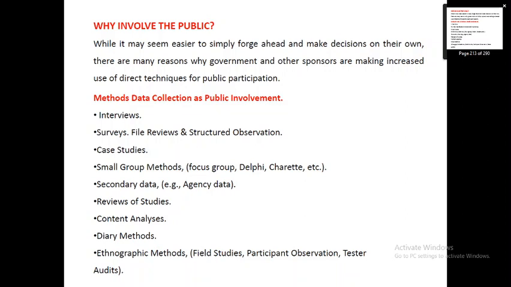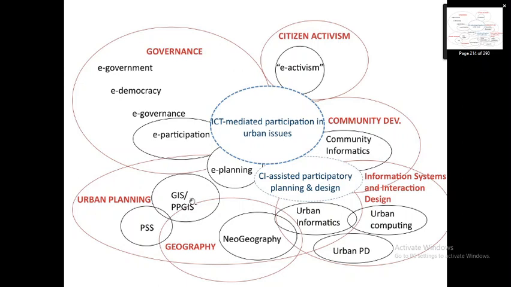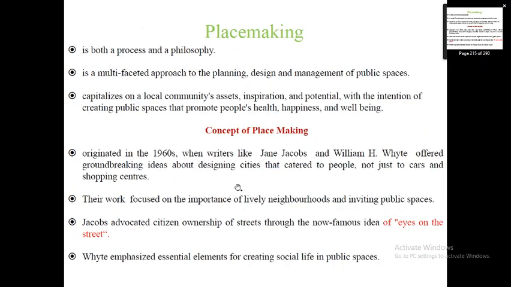So this can be achieved by interviews, surveys, small groups, focus groups, and by having meetings and reviews of studies, content analysis, and field surveys, participant observation, etc. So governance has taken a model of e-governance now, e-democracy and e-participation and citizen activation through e-participation, urban planning through GIS and other software, and informatic systems like urban informatics, computing, etc. So e-planning can lead to better community participation.